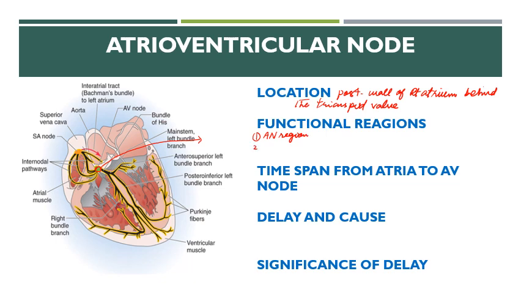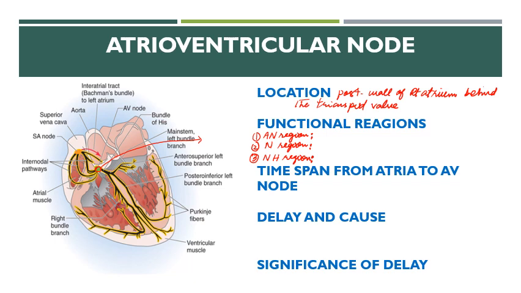The second region is called N region. The third region is called NH region. The characteristic features of each region are different.